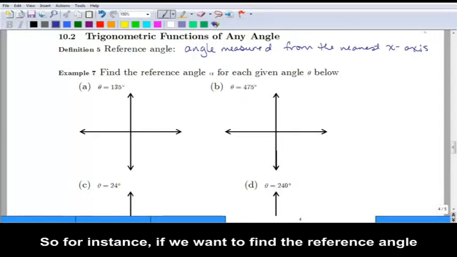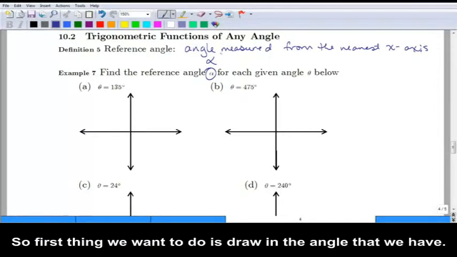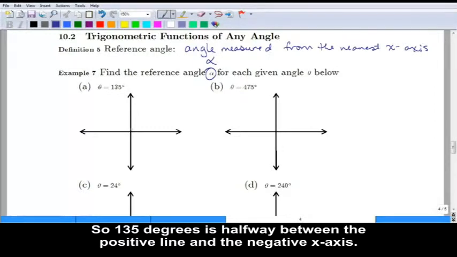So, for instance, if we want to find the reference angle, and we usually use the Greek letter alpha for each of these angles, the first thing we want to do is draw in the angle that we have. So 135 degrees is halfway between the positive y and the negative x-axis.